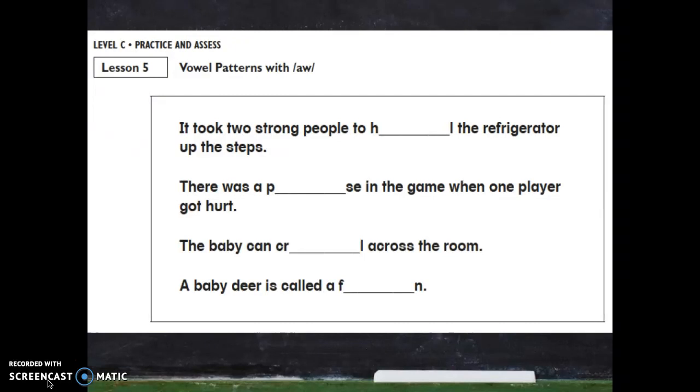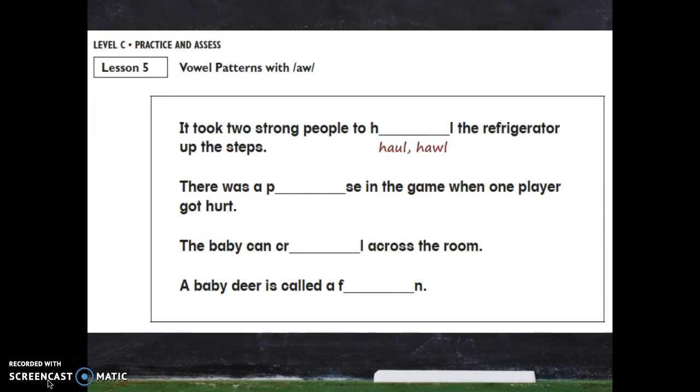Next, we're going to look at your student page 52, your workbook page. We have 4 sentences here, and we're going to fill in each blank with either the A-W combination of letters or A-U to make a word that correctly completes the sentences. So, in the first one, let's look.